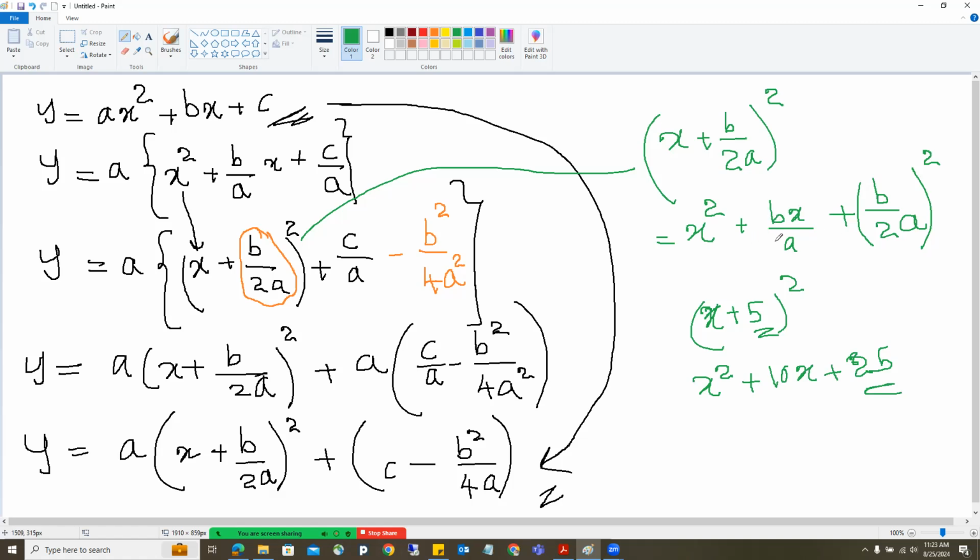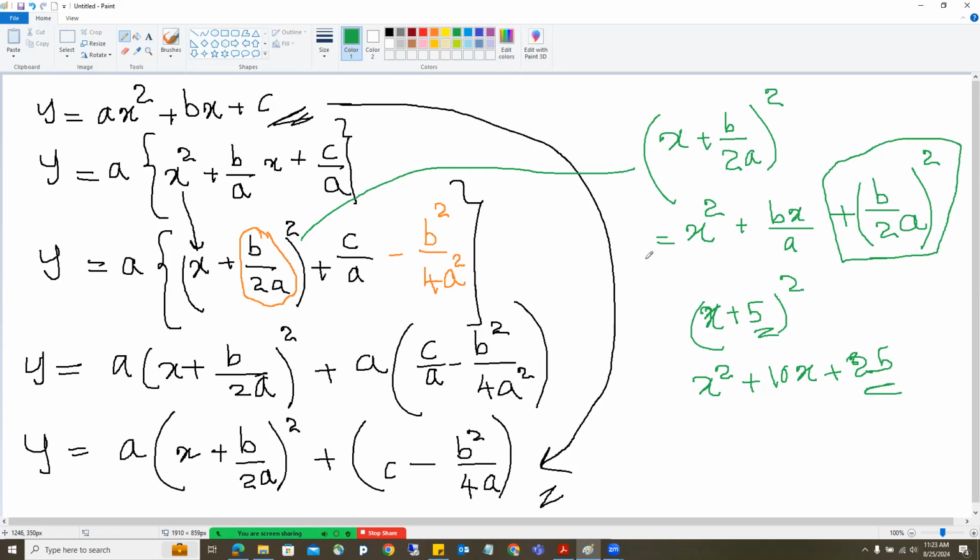So now see, in the previous step, we had only x squared plus b over a x plus c over a. There's no term called b squared over 4a squared. It doesn't have it. Is it clear?